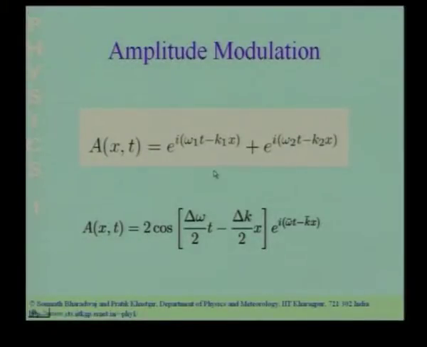We have two waves of two different angular frequencies, omega 1 and omega 2. We are also interested in the spatial evolution of these waves. So, the wave numbers are also different, and we have written down the full space-time evolution now. So, we have e to the power i(omega 1 t minus k 1 x), and here we have omega 2 and k 2 instead of omega 1 and k 1.